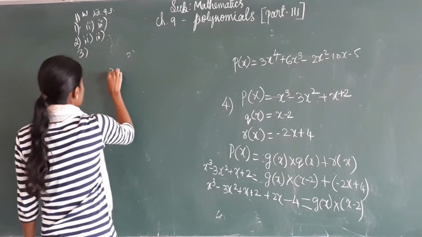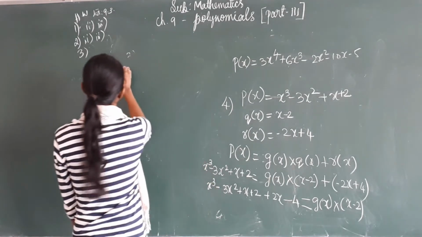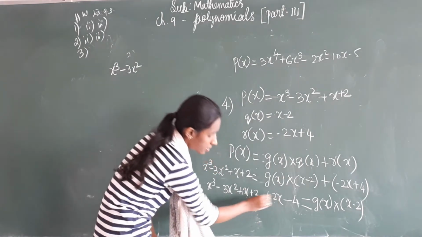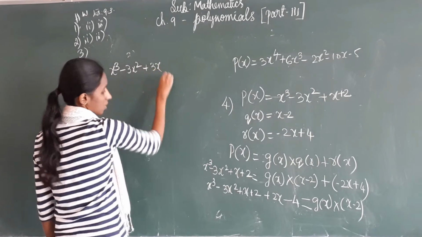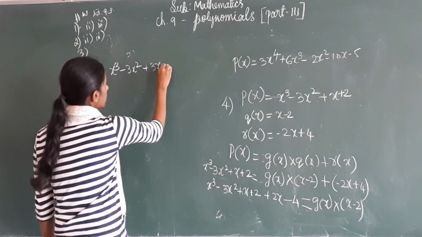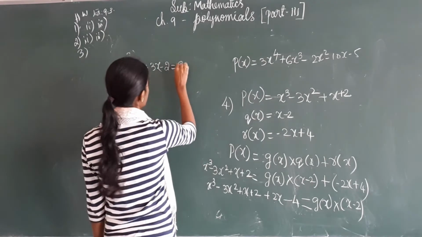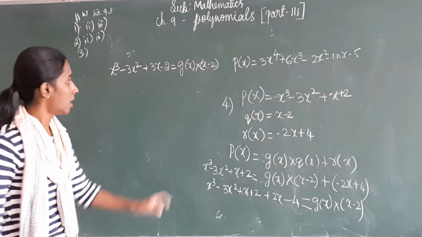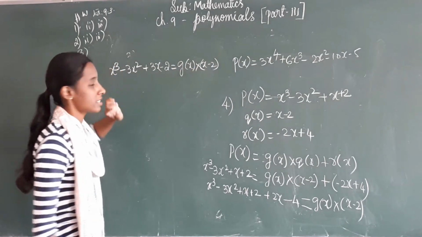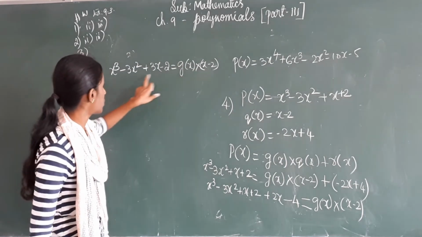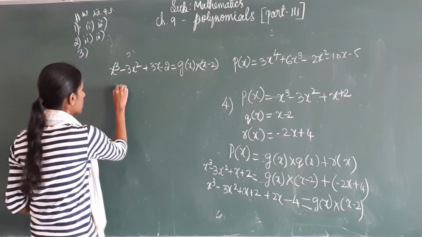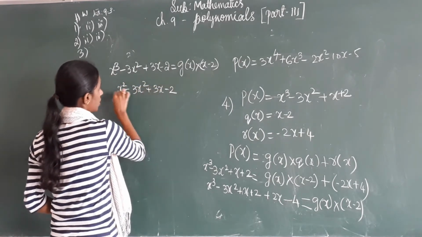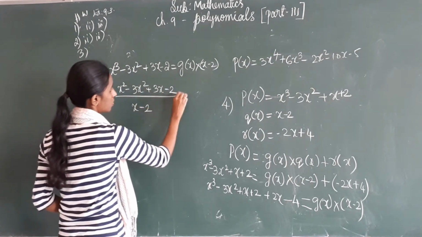See, x cube minus 3x square, x plus 2x is 3x, plus 2 minus 4 is minus 2, which is equal to g of x into x minus 2.